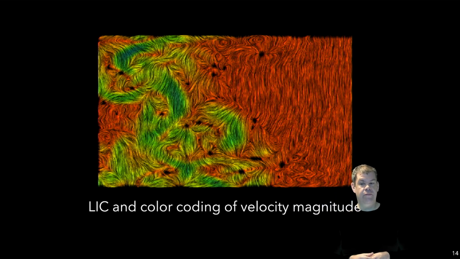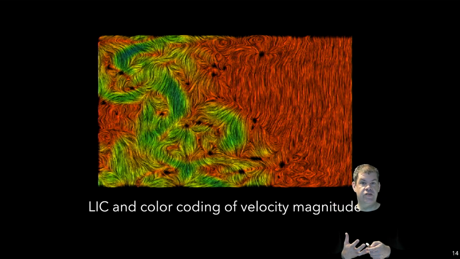But all of that you can see pretty quickly, and then you would dive in and use maybe another technique, maybe glyphs or particle traces, integral curves, to get more details. Okay? So that's the overall idea, and those are some of the additions that you can add to lick.